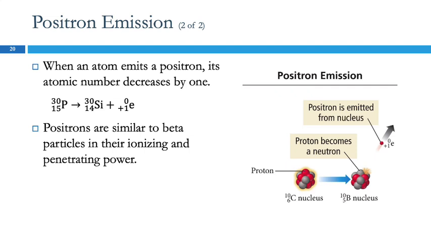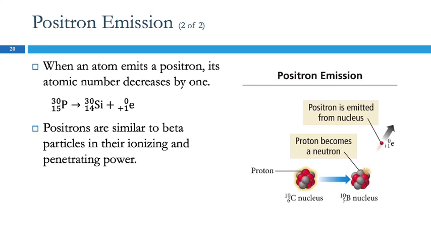Positrons are the antiparticle of electrons. They are very similar in ionizing power and penetrating power to the beta particles. So we had semi-trucks, and we had cars, and we had motorcycles. Beta particles were which kind of vehicle? The car.